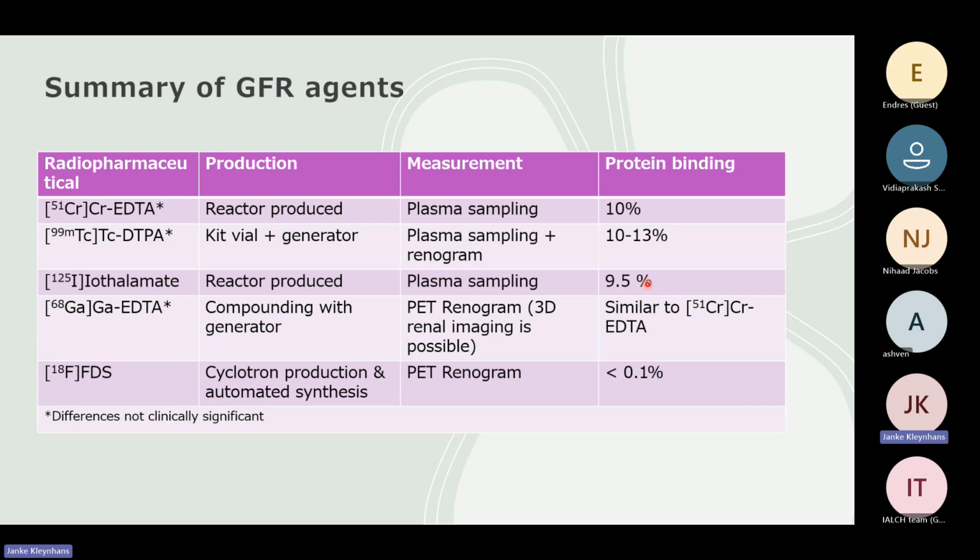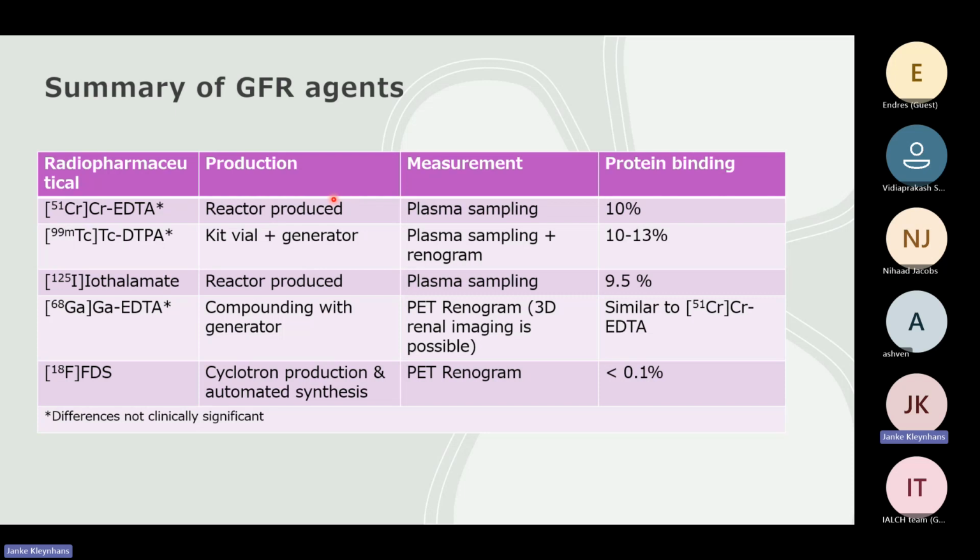In the past, people were a bit scared of using technetium DTPA instead of the good old chromium-51 EDTA, but with more research came more knowledge, and they saw that the differences between these two are really not clinically significant. What is good about technetium DTPA is that you can do the plasma sampling, but also if you inject a higher dosage, you can do a renogram. So that's also really helpful.